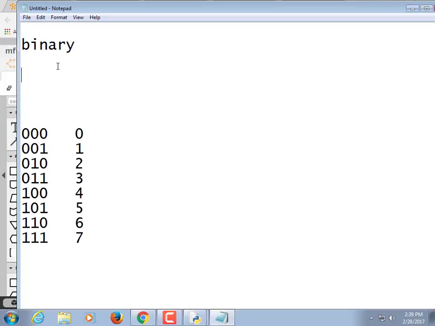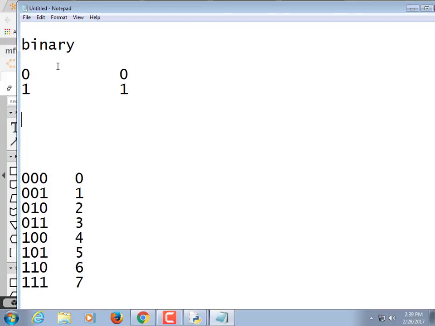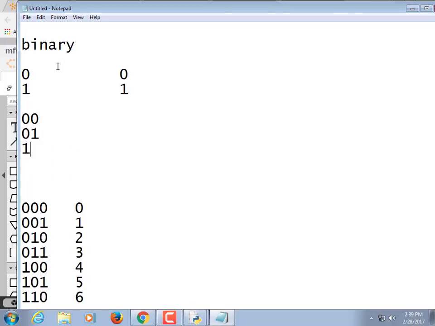So, if you have only one place, if you only have one binary digit, the highest value you can count is a 1. If you have 2 binary digits, the highest value you can count is what? Well, just cheat and come down here and look at what 2 1s in a row means. 3, right.